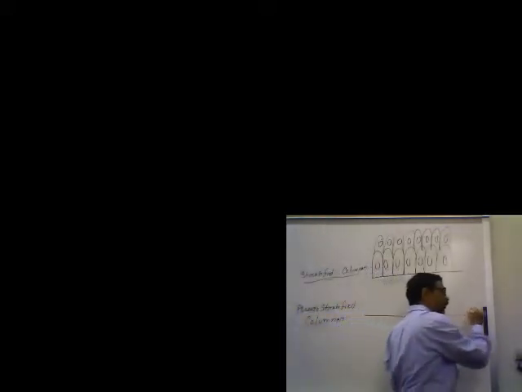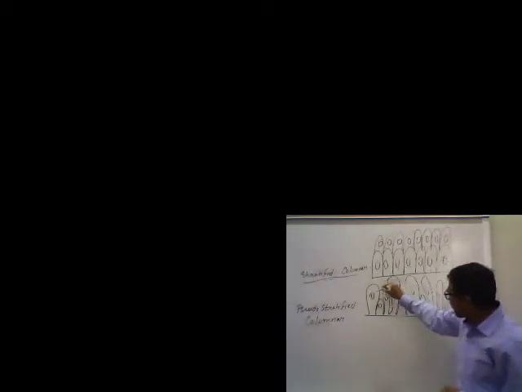In this type of epithelial tissue, the cells form a single layer, but since the height of these cells is different, when you see under the microscope, although it is a single layer of columnar cells, it will look like more than one layer because all these are columnar cells, but the height is different.